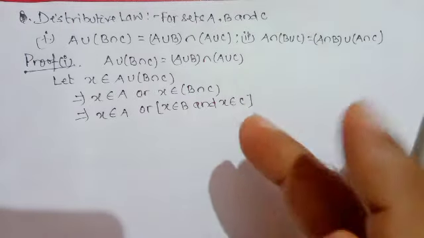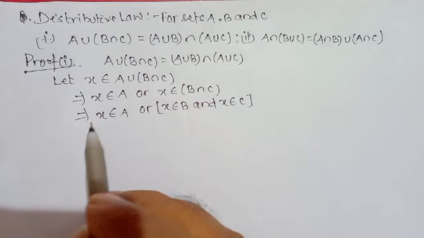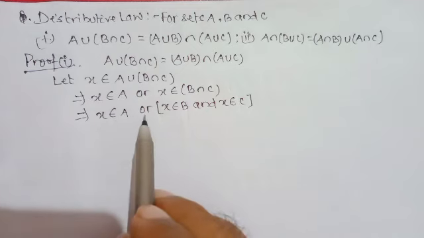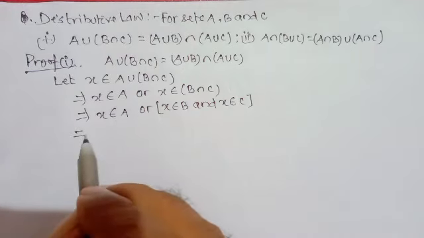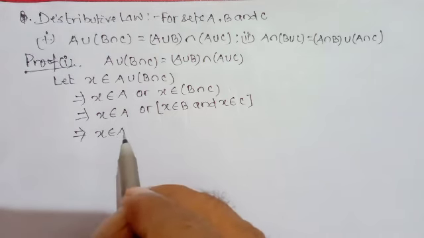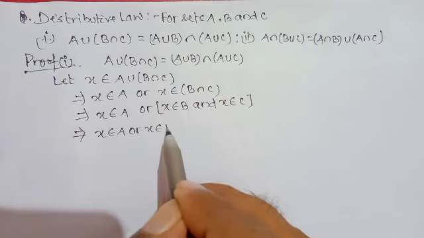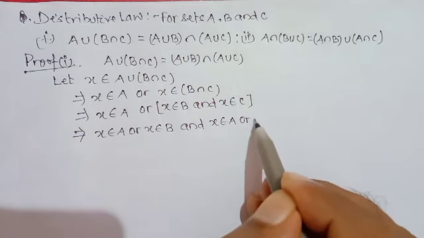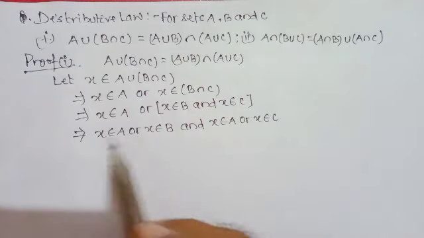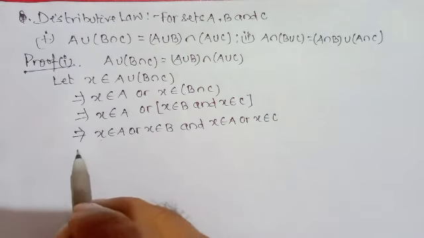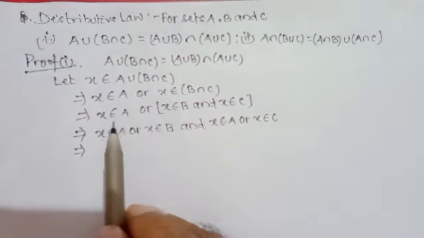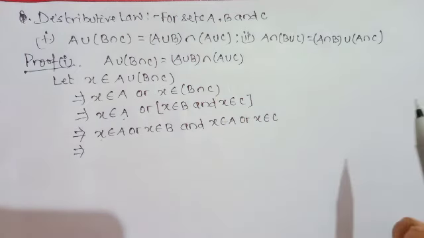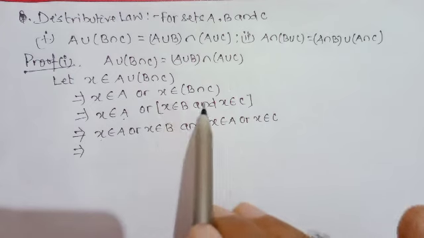Write this statement in distributed form, means first write x belongs to A or x belongs to B, and x belongs to A or x belongs to C. So x belongs to A is distributed between B and C, or distributes over and.